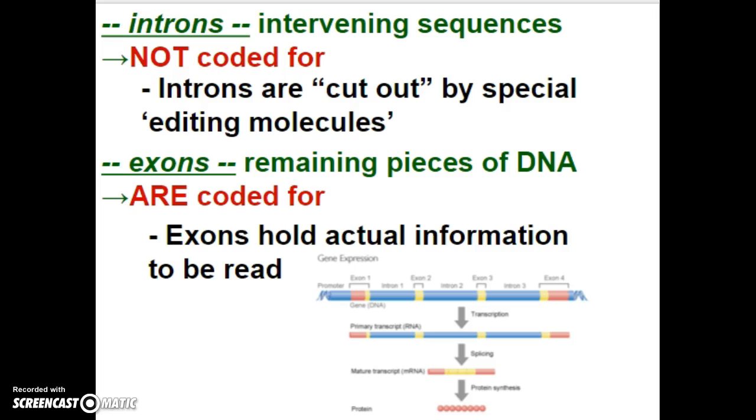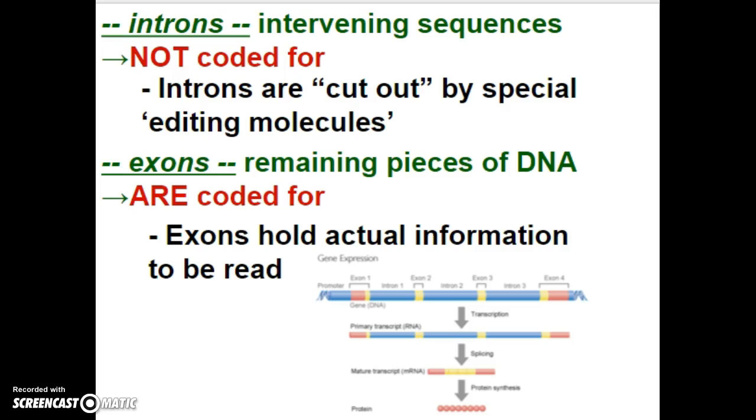Special editing molecules called SNRPs come along and cut out the introns. The remaining pieces of DNA that are left are called exons. These are the expressed pieces. These are the pieces of DNA that are coded for in the final protein making process. So the exons hold the actual genetic information that needs to be read and coded.